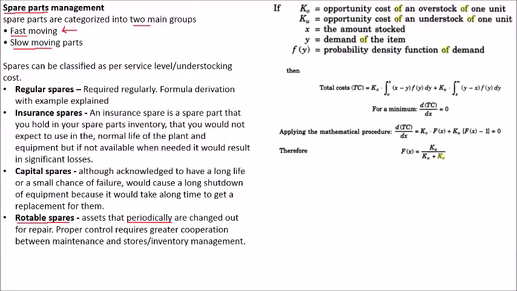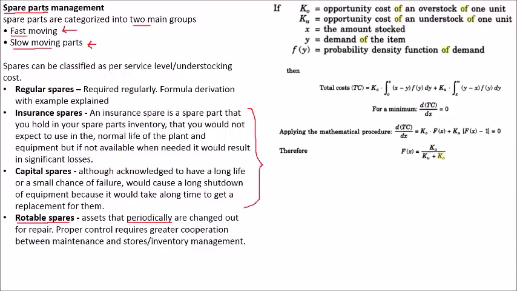So only in rare occurrences will these spares be consumed. Those are slow moving parts. Examples of slow moving parts are insurance spares and capital spares.